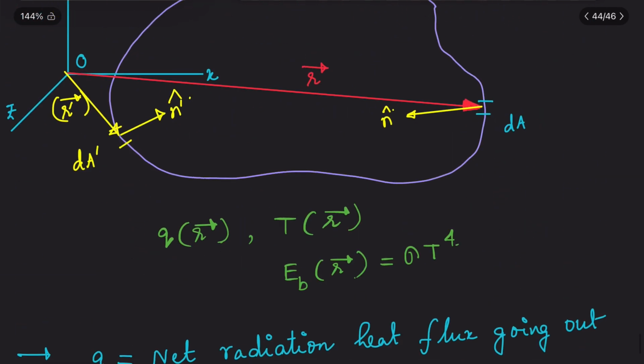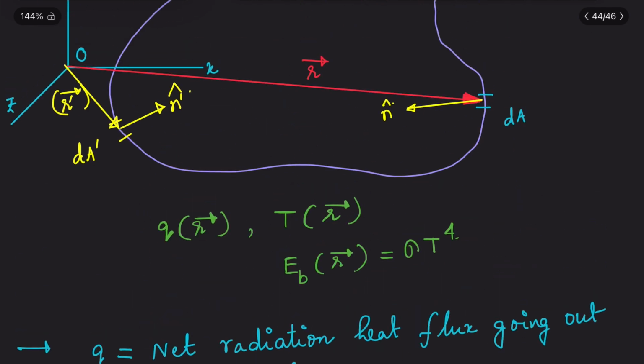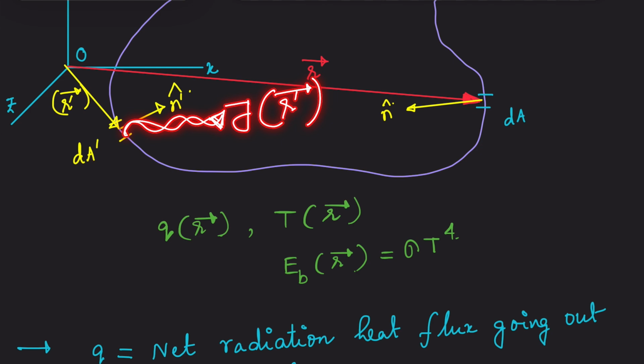So what will be the energy emitted by this dA dash area surface? So that is the radiosity at this point, right. Now it will emit some total energy, that is J, and which is a function of r dash, but out of this energy a part only will be intercepted by this one, and that will be governed by which term?